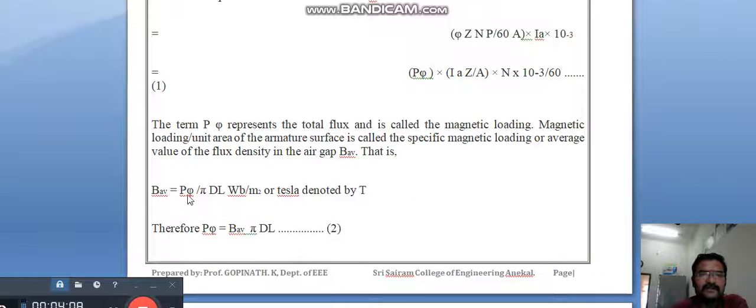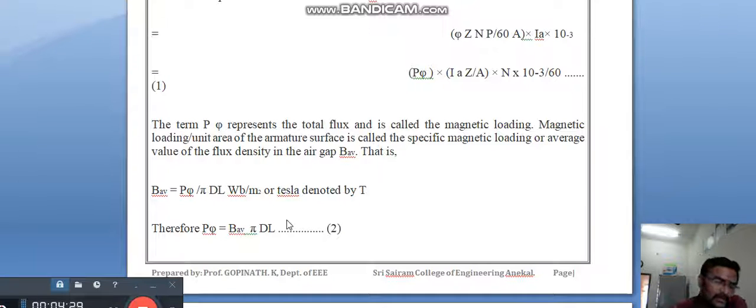BAV is equal to P phi by pi D L, in Webers per meter square or Tesla, denoted by T. Therefore P phi is equal to BAV pi D L, so in this equation we have to replace P phi with BAV pi D L.